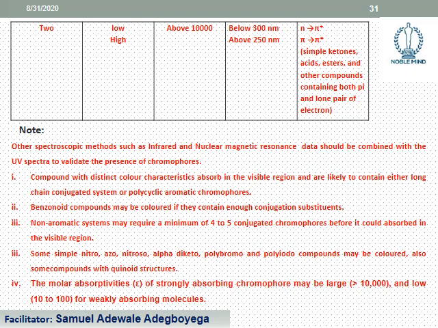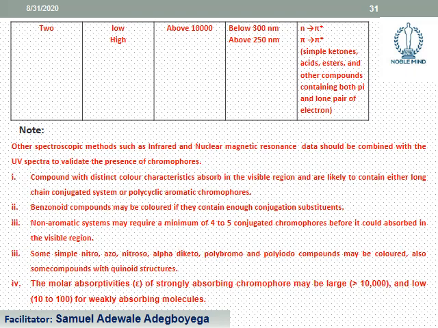You could have benzenoid compounds that are colored if they contain enough conjugation. Some non-aromatic systems with a minimum of 4 to 5 conjugated chromophores could absorb in the visible region as well.